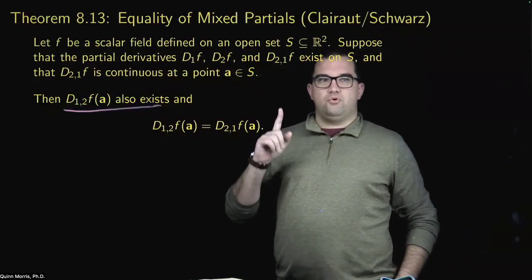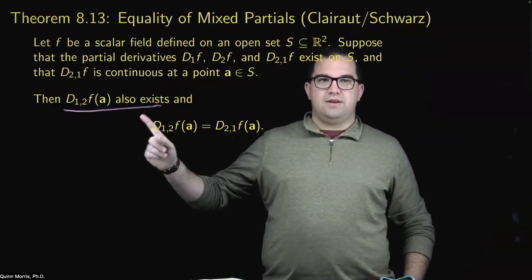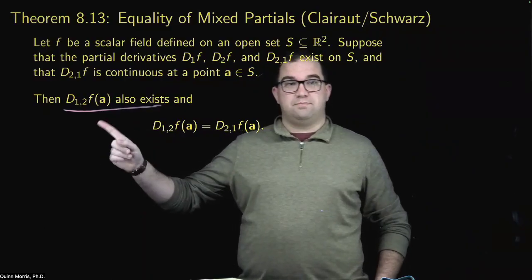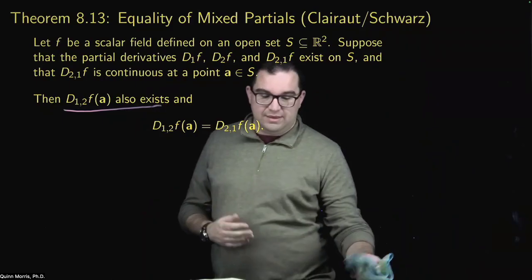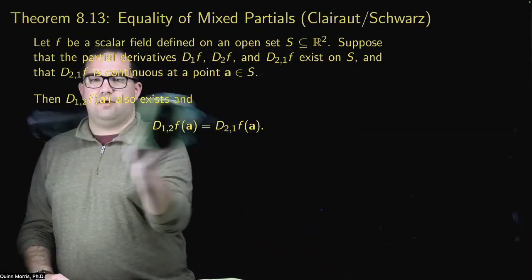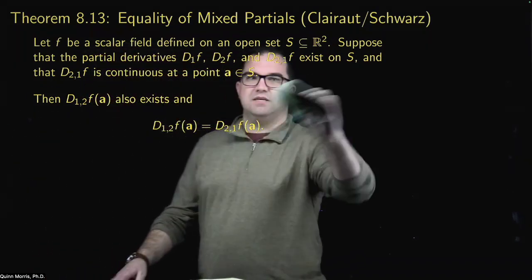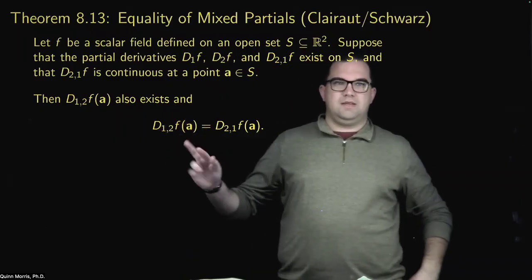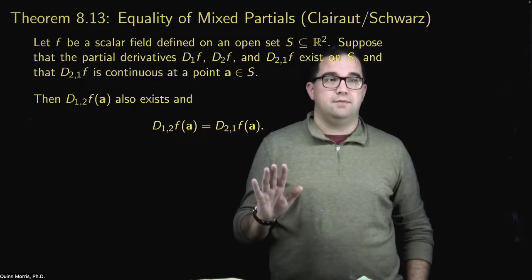It actually turns out that in proving this version, you spend quite a long time just trying to argue that this other mixed partial has to exist. Now, that's a valuable thing, but unfortunately, if you prove this version of the theorem, you spend a lot of time proving that existence piece, and you get to the equality piece, but it actually feels like the easier part, and it's secondary.